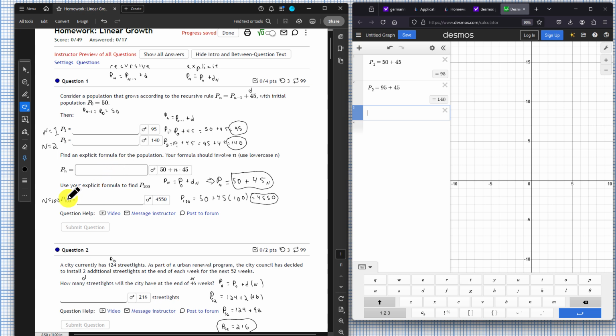For the next one, I have here find P100. Okay, so P100 here, that means N is 100.